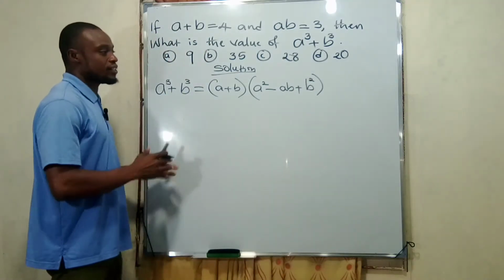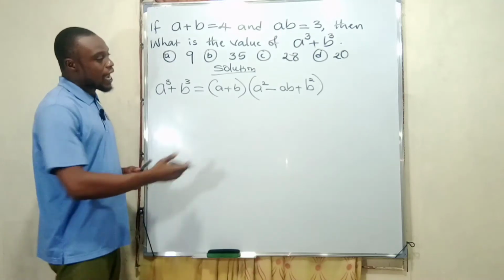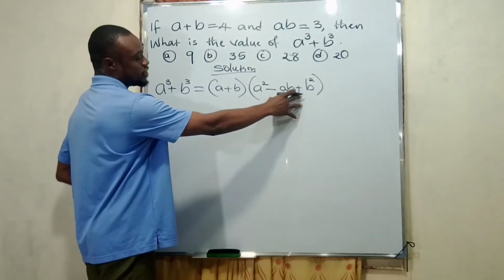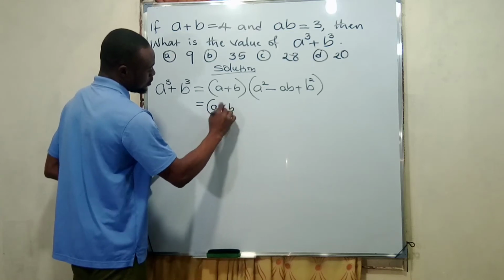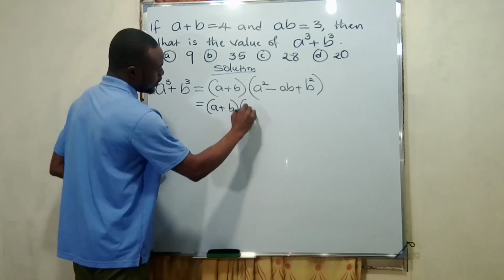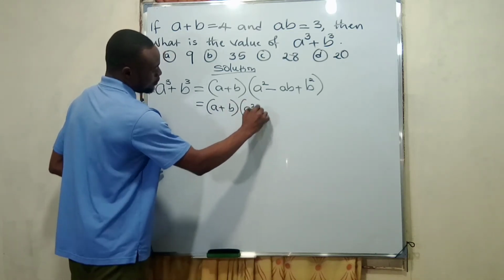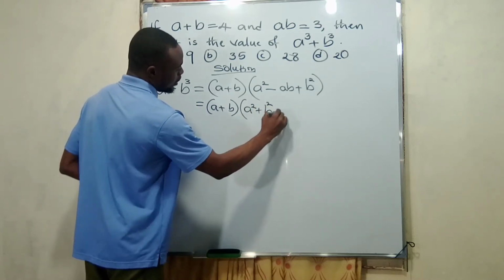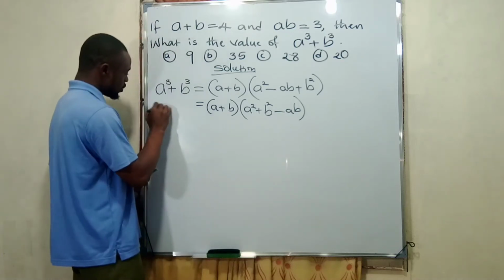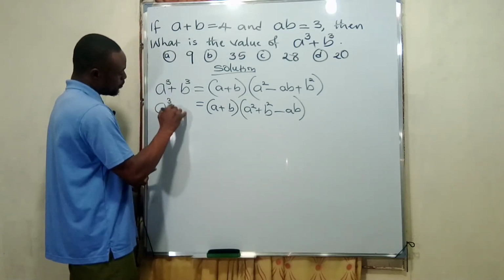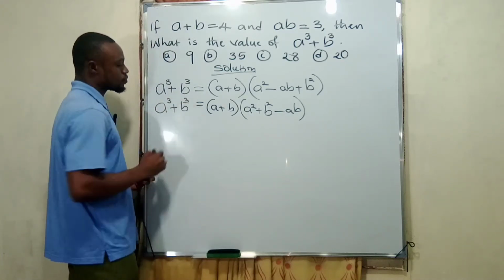Okay, so this is the first step. Let's rearrange this particular bracket. We now have a plus b, close bracket, and a squared plus b squared minus ab, close bracket. So this is the sum of two cubes.